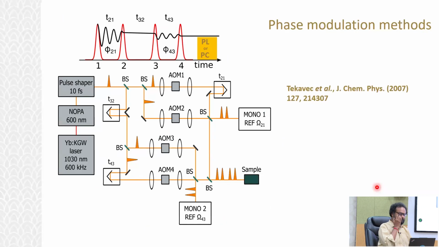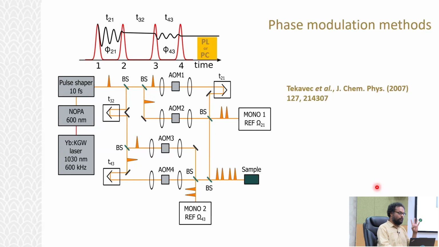Later on, Carlos Silva's group, my postdoc mentor, implemented this while I was there in Montreal and later at Georgia Tech with him. This looks complicated. There are 2 Mach-Zehnder interferometers nested in a larger Mach-Zehnder interferometer, lot of pulses. But let's talk about this.